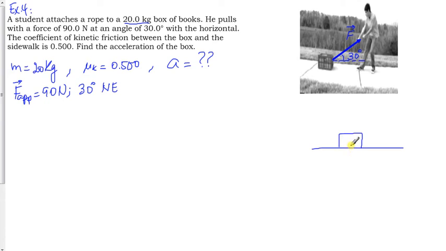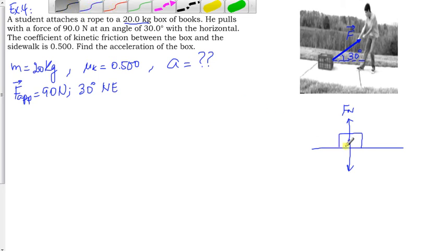The forces acting are Fg, Fn, F friction, kinetic friction, and this force, the applied force, which is at 30 degrees with the horizontal.